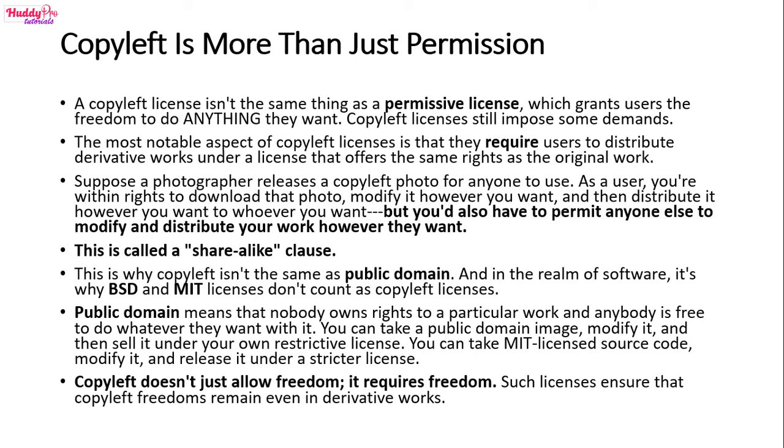You can take MIT licensed source code, for example, modify it and release it under even a stricter license, but the copyleft doesn't allow that. For a copyleft, what you have modified, your derivative work, still has to abide by the same copyleft license restrictions or grants under it.